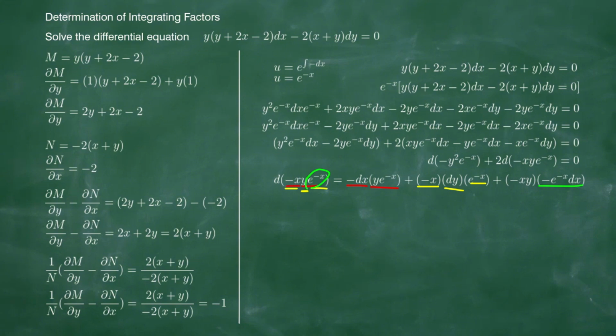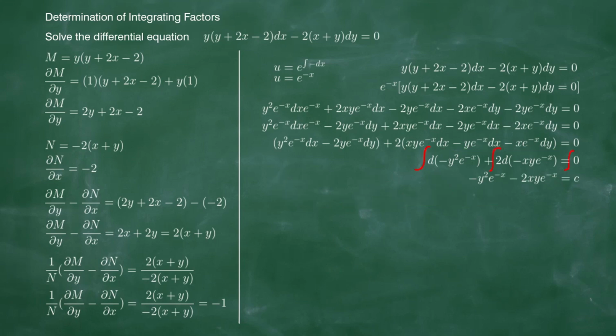The derivative of e to the negative x is negative e to the negative x dx multiplied by this negative xy. Then simplifying, negative y e to the negative x dx is the same as this one. Then negative x e to the negative x dy is this one. And lastly, xy e to the negative x dx is this one.